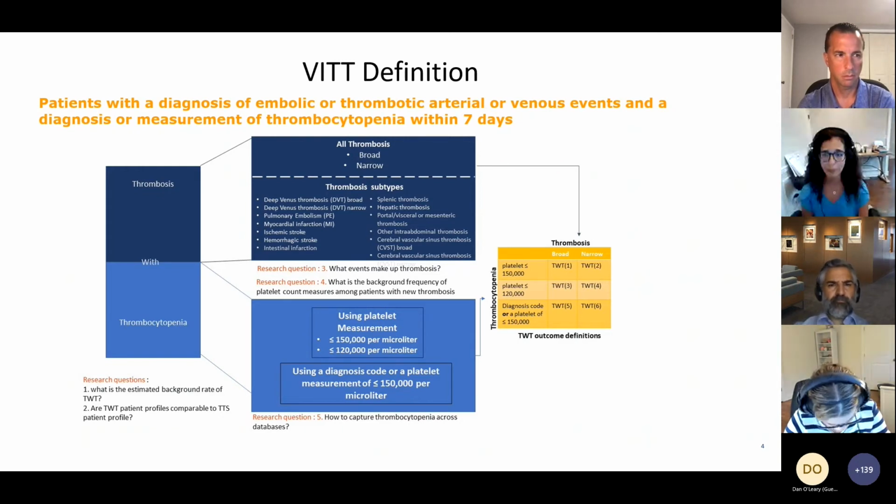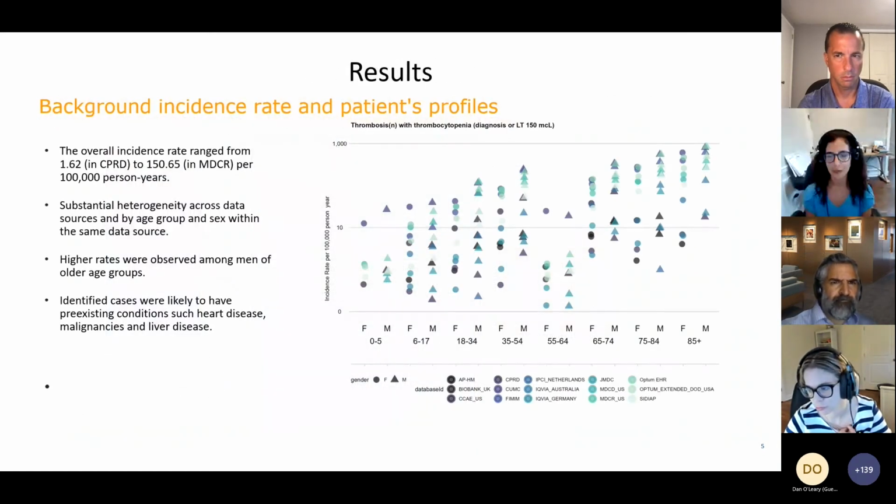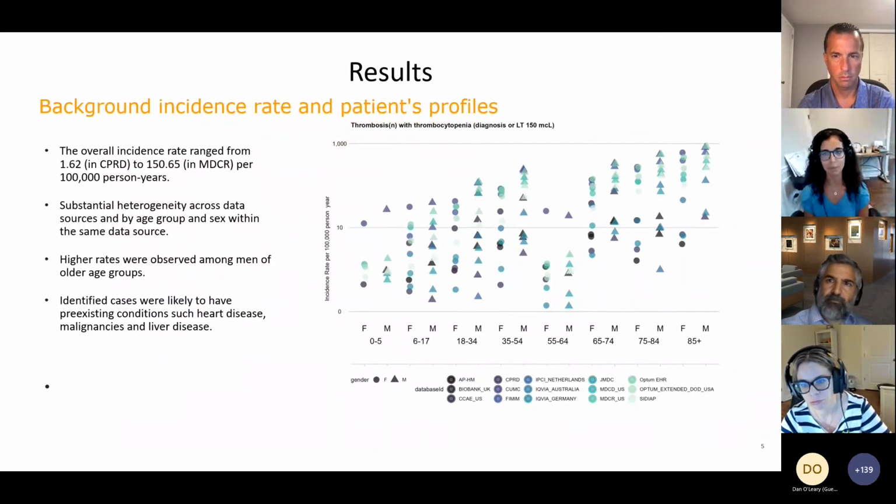So depending on the combination of all these decisions, we came up with 6 different alternative definitions of thrombosis with thrombocytopenia. Using that, we looked at the background incidence rate, and we looked at patients' profiles. What you see here is the incidence rate plot of thrombosis with thrombocytopenia using the definition that was feasible across databases.